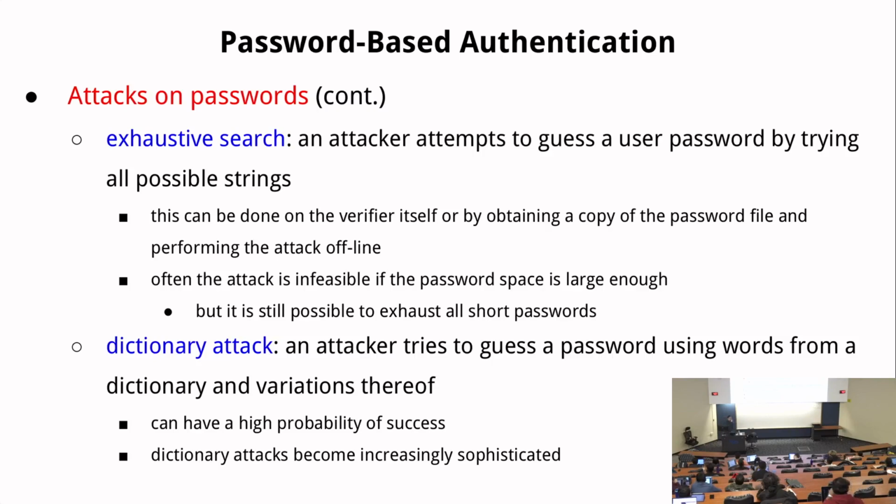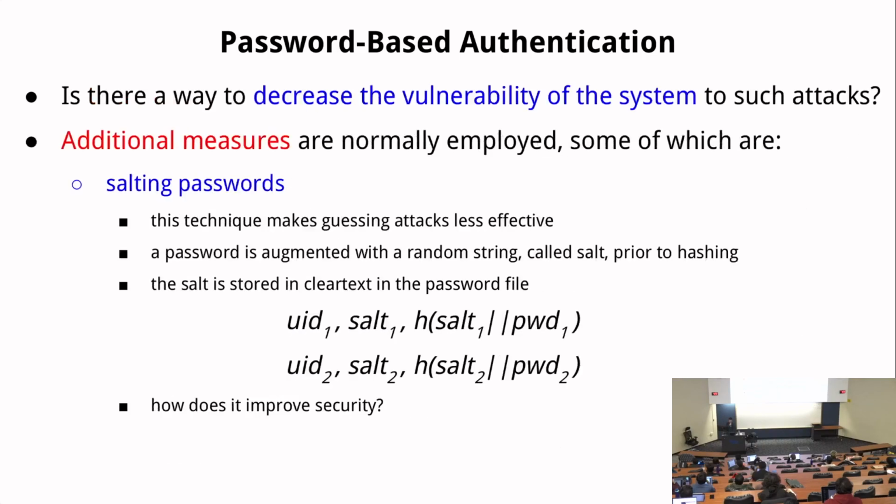Because this is a user-chosen secret, users tend to choose weak secrets. That's why we have something called a dictionary attack, where attackers collect a large corpus of passwords from compromised websites and from other places. Those are passwords people usually use, and we just guess from those passwords. There's a higher probability that everyone is reusing the same password.